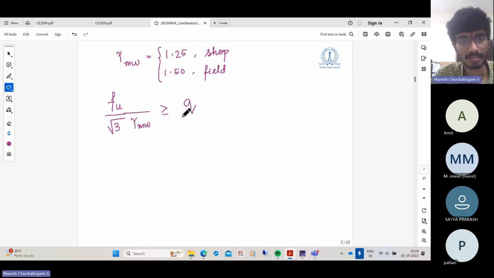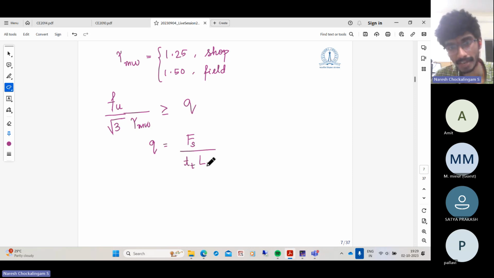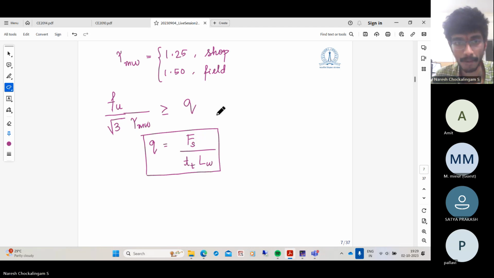This is the factored shear stress coming onto the weld. And what is Q? Q itself is given as the factored shear force Fs divided by the throat thickness times the length of the weld Lw. So that is it.